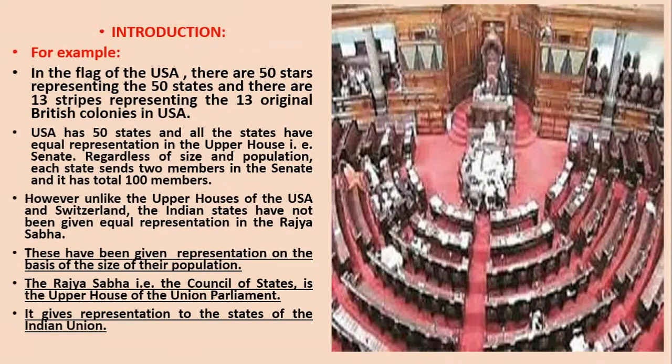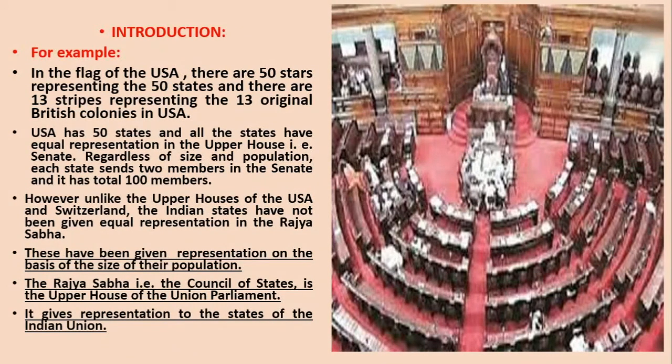You know, when Columbus discovered America, later on, many Europeans tried to settle in the USA, and Britishers settled on the eastern coastal areas and they made their 13 colonies. Now, in the flag of USA, there are 13 stripes and 50 stars. So, USA has 50 states and all the states have equal representation in the upper house, and that is Senate.